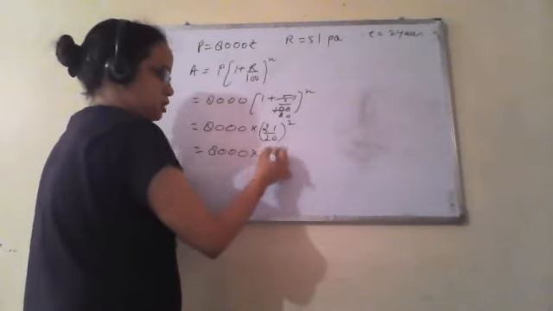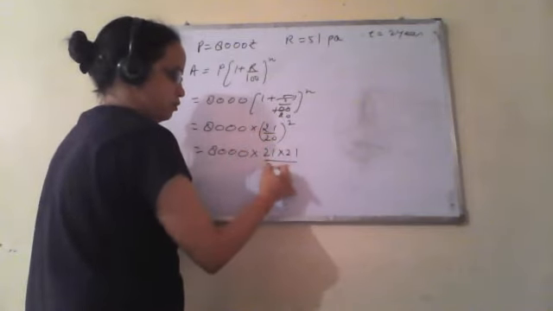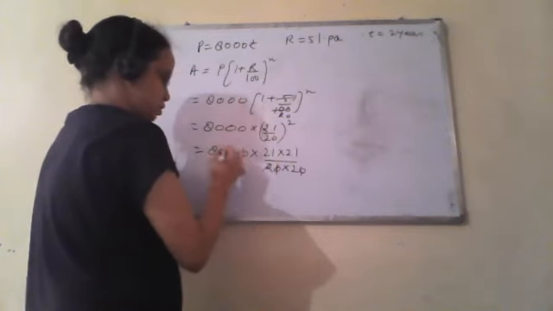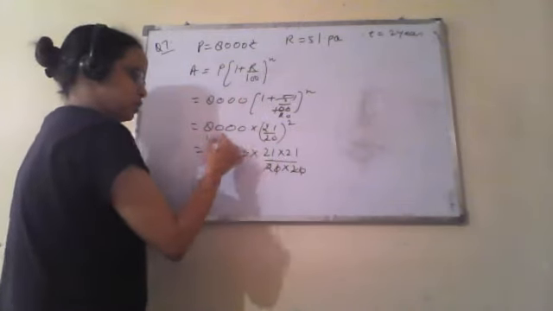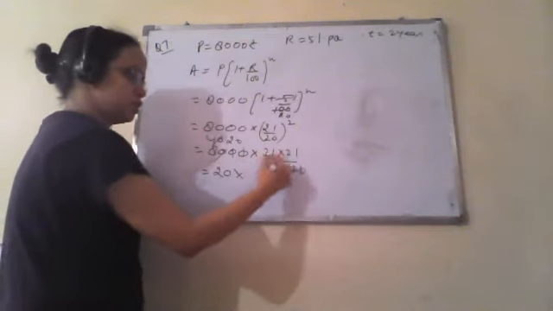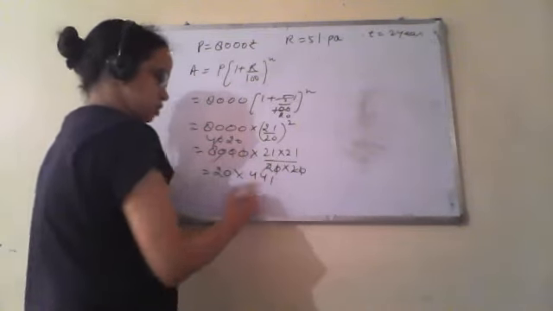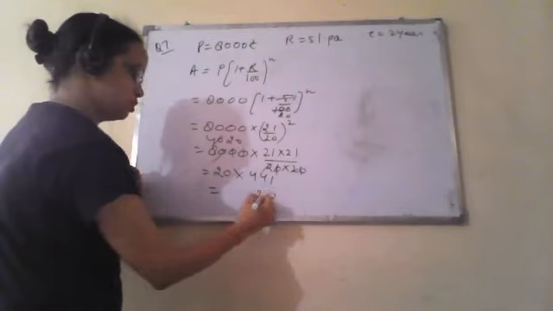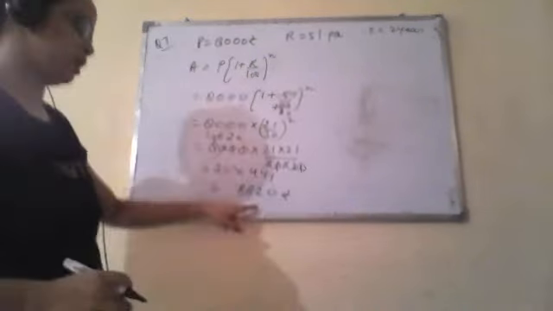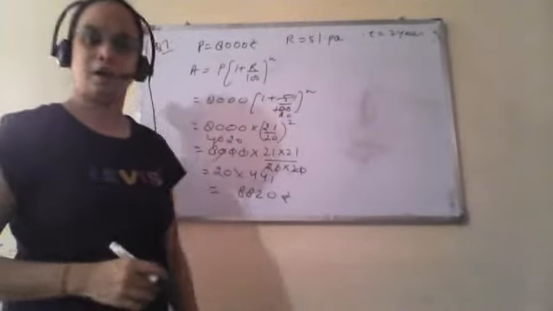So 8,000 into 21 into 21 upon 20 into 20. This is cancelled: 40 and this is 20. So this is 20 into 21 into 21, which will be 441. So the amount at the end of second year is rupees 8,820.